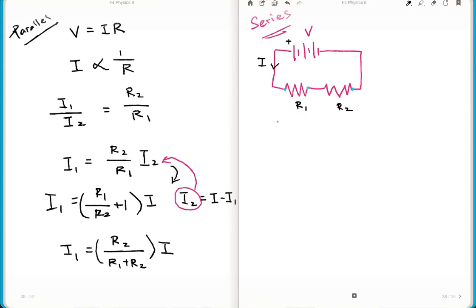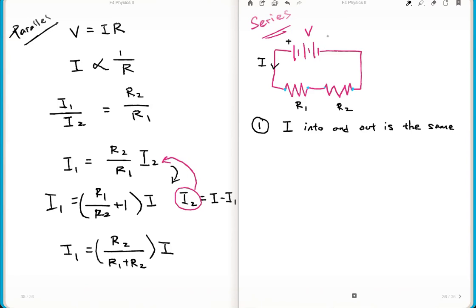So here, the first characteristic: the current into and out is the same. The one that goes in is the same as the one that comes out. For a series circuit, they're the same, because there's no way to branch out. It doesn't split.